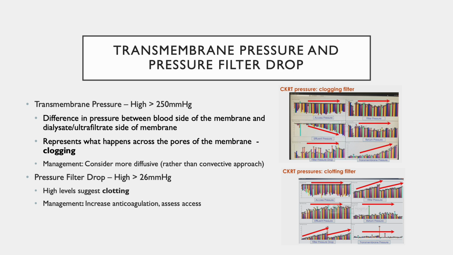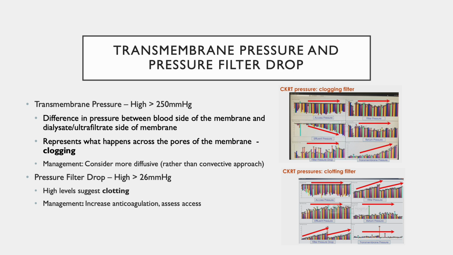And just two concepts to highlight. First, that of transmembrane pressure. Second, that of a pressure filter drop. A transmembrane pressure tends to be elevated when there is clogging of the pores of the membrane. So this tends to occur when there is significant amounts of hemofiltration.